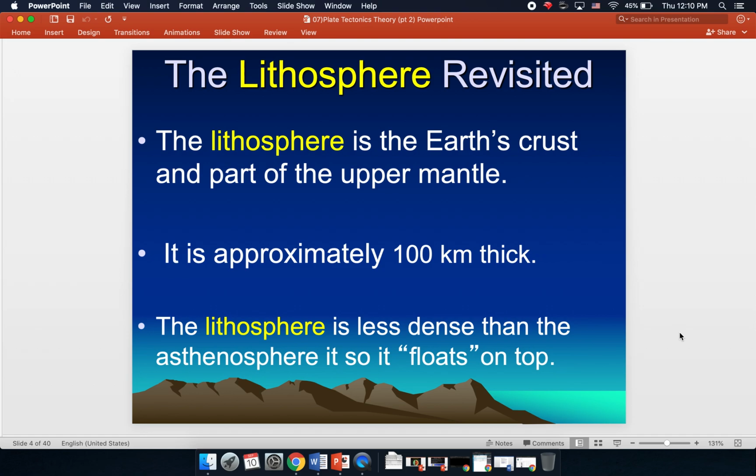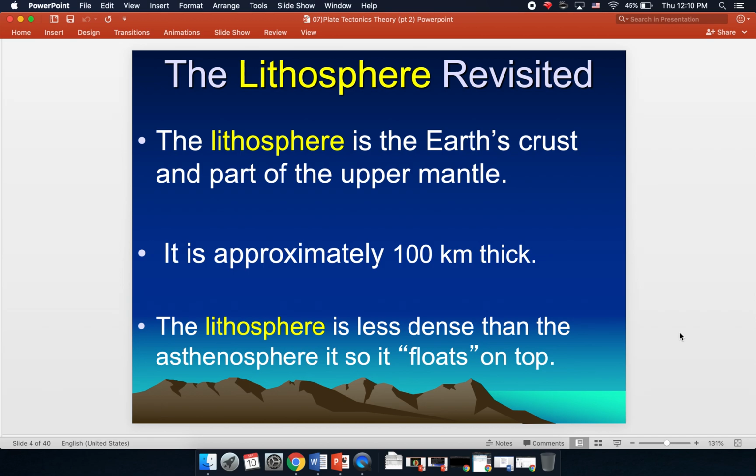Alright, so the lithosphere, like I said, is the Earth's crust and part of the upper mantle. It's approximately 100 kilometers thick. It's less dense than the asthenosphere, so it floats on top of the asthenosphere. Just like everything else we've talked about when we talked about density. We said with air, with water, and with magma, the less dense material is going to rise to the top, while the more dense material is going to sink.